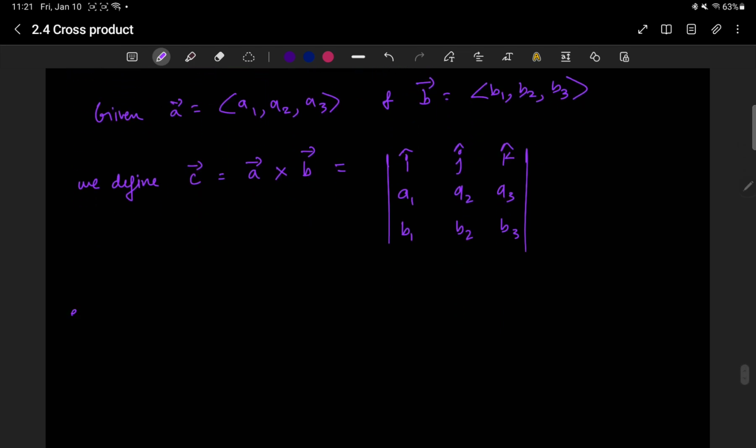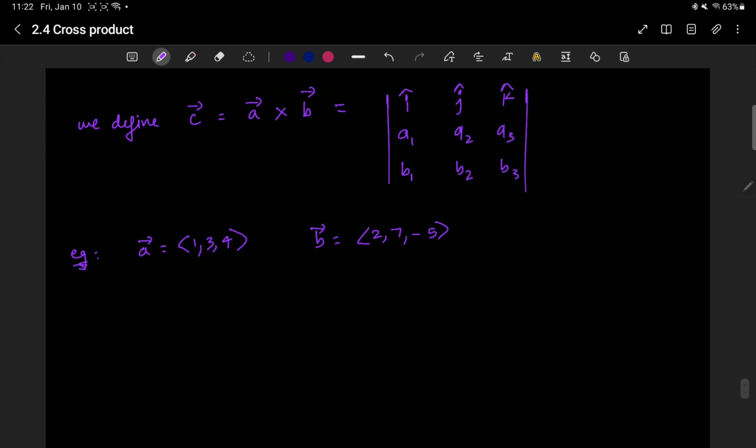Okay, so let's look at a quick example. Suppose we have a vector 1, 3, 4 and another vector 2, 7, -5. Let C be A cross B. Then what is C? Well, you have i, j, k.